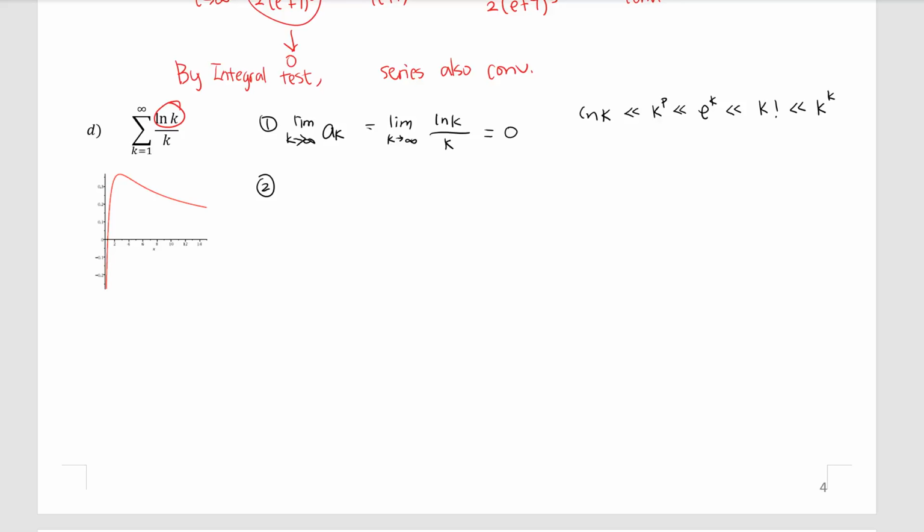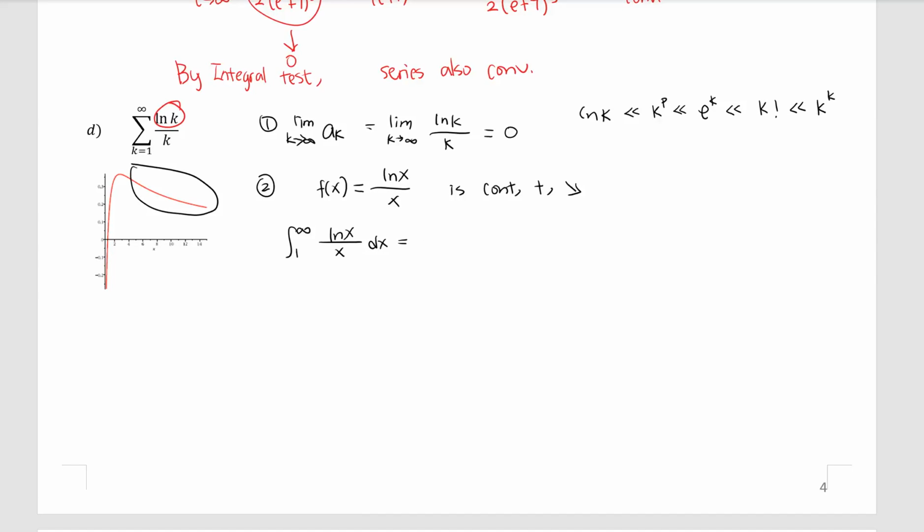The divergence test tells us nothing. So we go to the second step, and because this function looks like an integrable function, we define f, and we say it's continuous, positive, and decreasing. Let's look at the picture, it's continuous, positive, and decreasing. All right, and then we can compute the integral.